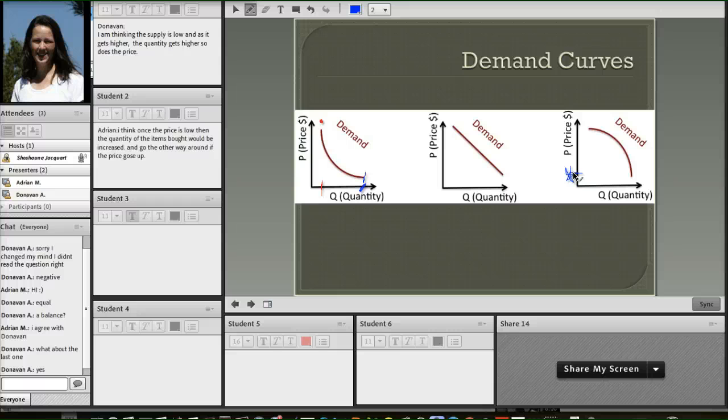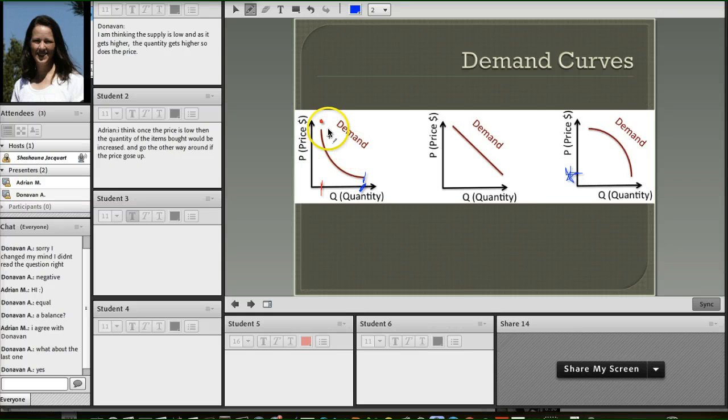So if the price goes down a little bit, it's not as sensitive. I got to think through this. I think the first one means it's not as sensitive. So as the price goes down a little bit, people are still wanting it. That one isn't price sensitive.